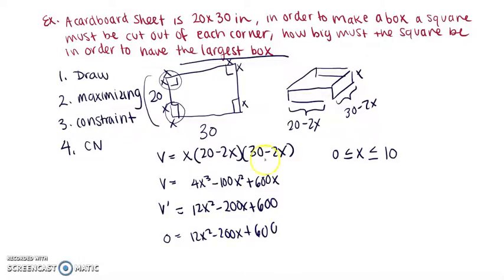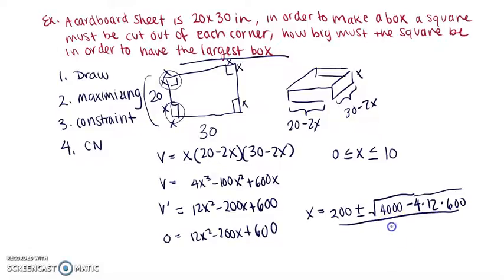we can plug that into the quadratic formula because it doesn't factor out very cleanly. So we get 200 plus or minus the square root of 200 squared, 40,000, minus 4 times 12 times 600, all over 24.